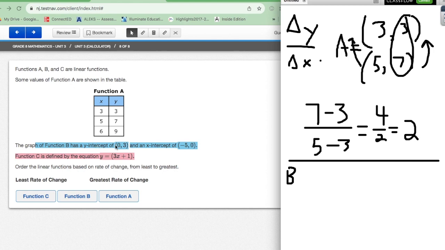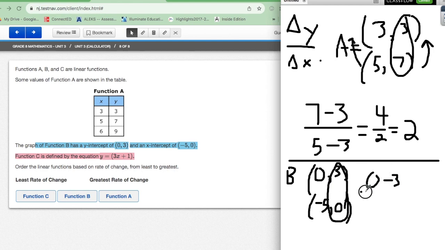All right, let's check out for B. B gives us a y-intercept and an x-intercept. Well, the important thing is that they gave us 2 points. So let's do the same thing for B. I have 0, 3. I have negative 5, 0. Okay, here's my y's. 0 minus 3 over negative 5 minus 0.